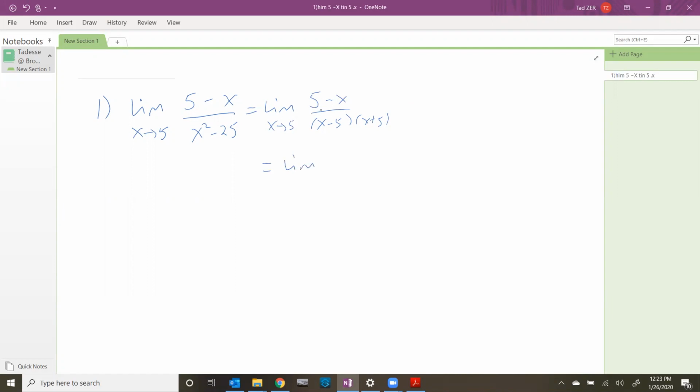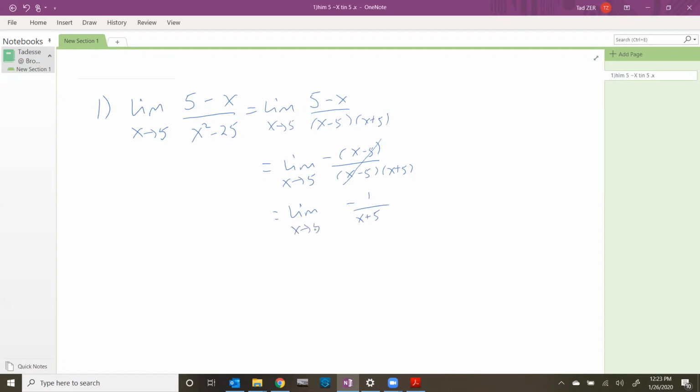Now let's factor out a negative sign in the numerator so that we can simplify with x minus 5. That will give me minus (x minus 5) divided by (x minus 5) times (x plus 5), as x goes to 5. Now this cancels out, so it will leave me negative 1 over x plus 5.